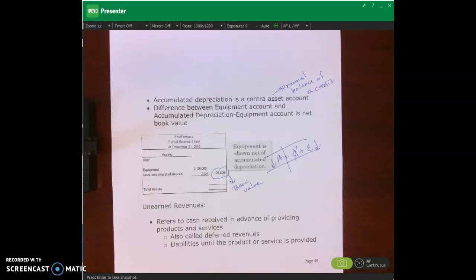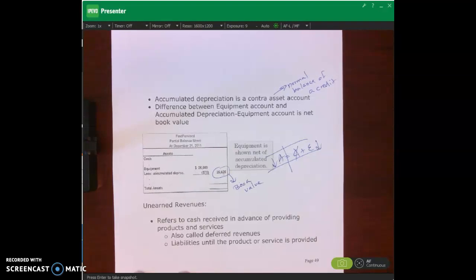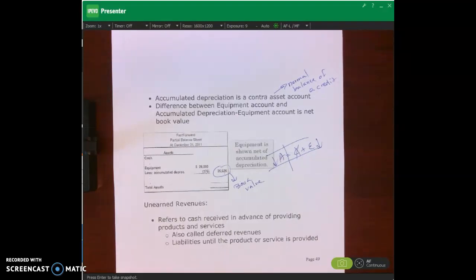You get paid up front. Now you have to perform the service. You have a liability to perform that service. It becomes a liability until the product or service is provided. So once we provide the service, we've earned revenue, and we no longer have the liability.